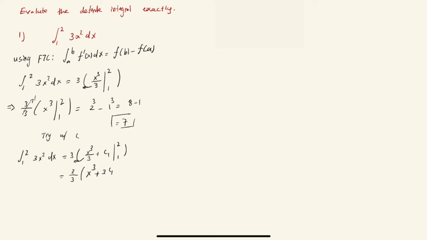Now we have 3c1, and the evaluation is going to be the same. Note here, I'm going to assign 3c1 to c2, and notice 3 over 3 is equal to 1, so what's left is x cubed plus c2, evaluated at 2 and 1.